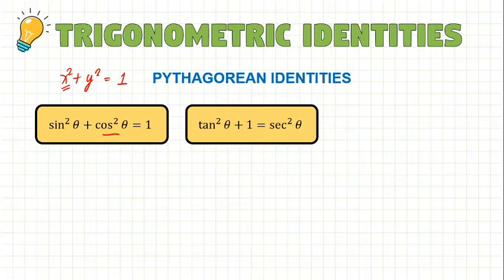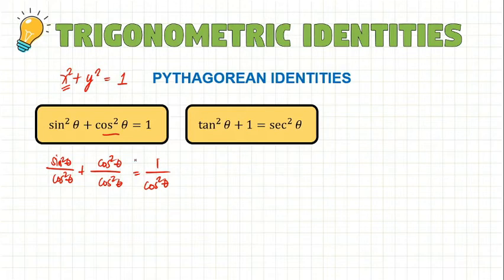Actually, this identity is from the first identity lang. From sine squared theta plus cosine squared theta equal to 1, if you are going to divide both sides by cosine squared theta, this will become sine squared theta over cosine squared theta plus cosine squared theta over cosine squared theta equal to 1 over cosine squared theta.